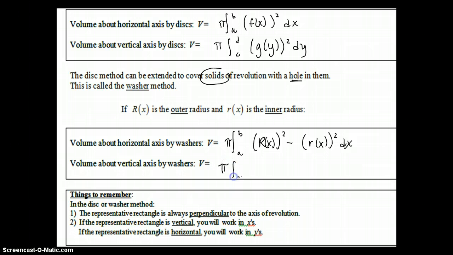If we have a vertical axis, everything will be in terms of y. So we'll call our outer radius R of y and our inner radius little r of y, and dy.